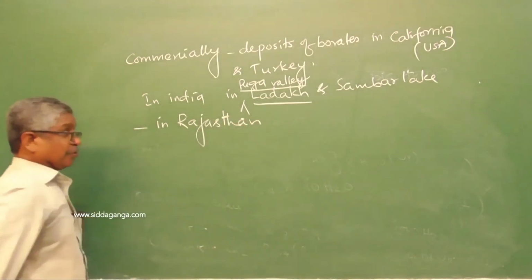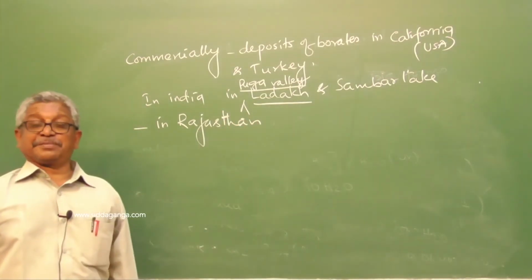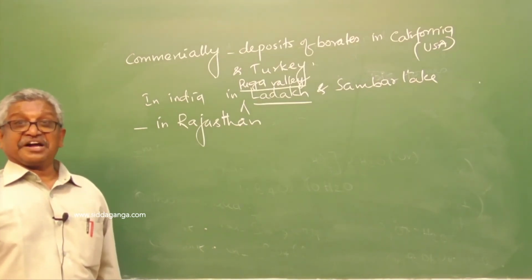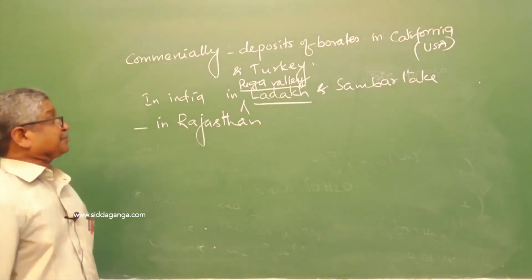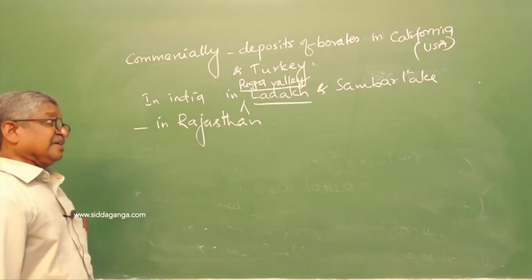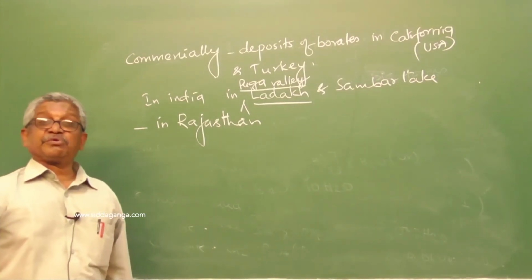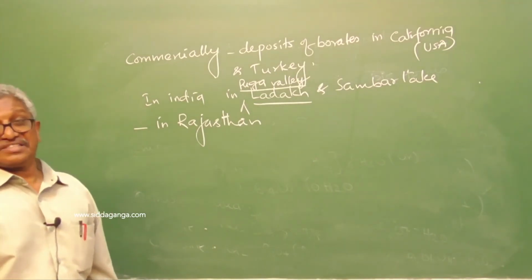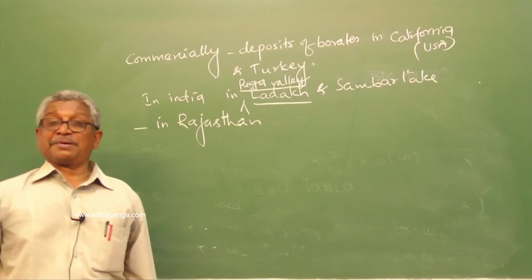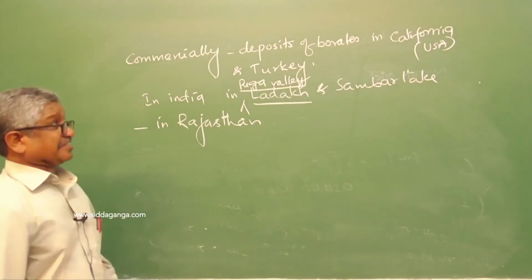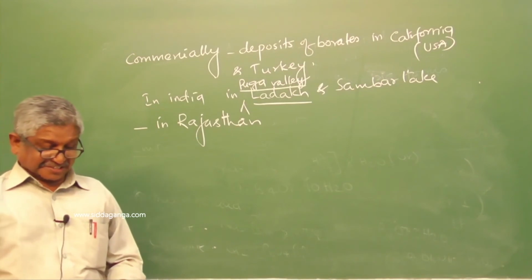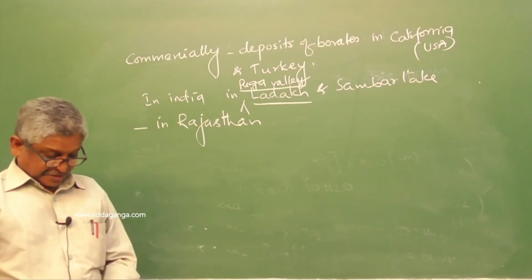So these borate deposits are available in California of USA. In our country, they are also available in Puga Valley in Ladakh and Sambar Lake in Rajasthan.